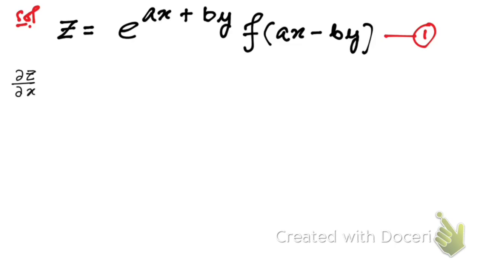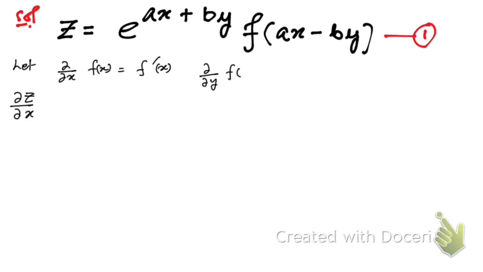Before we find this, let me consider that the partial derivative of a function f of x is f dash x, and the partial derivative of f of y with respect to y is f dash of y. Let me consider it this way.